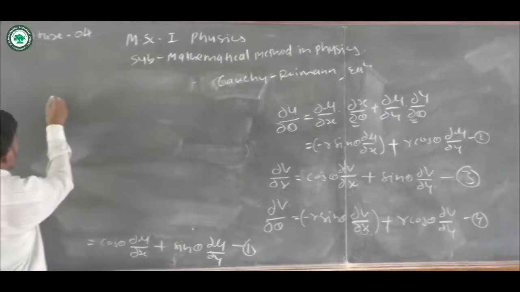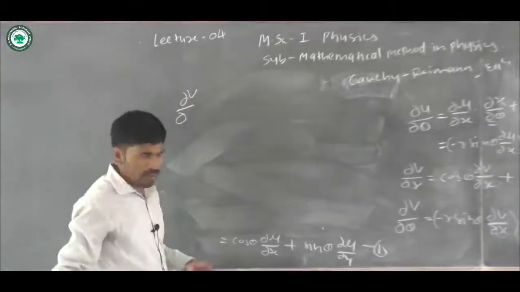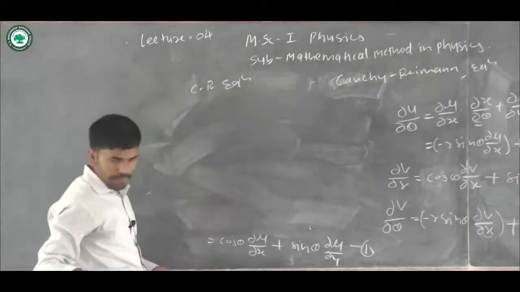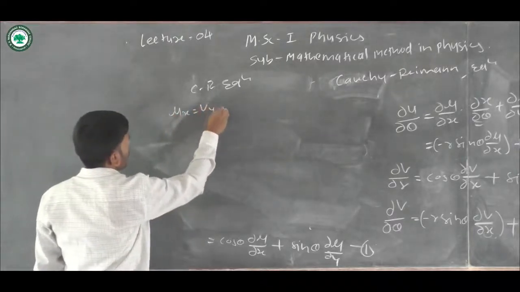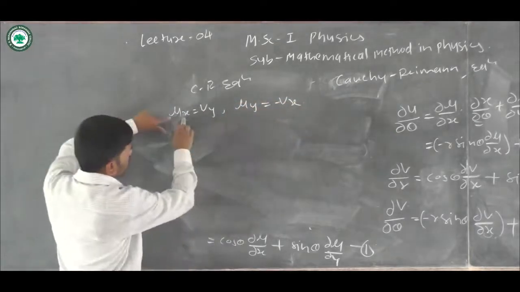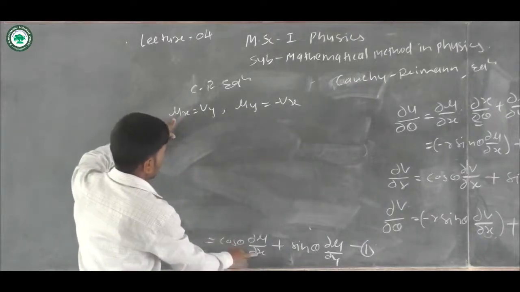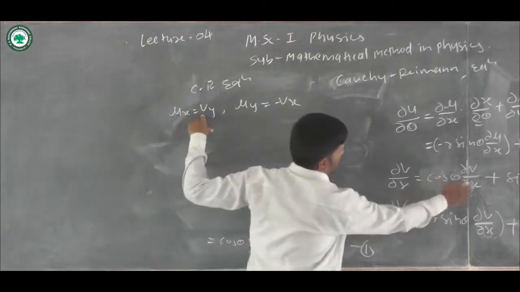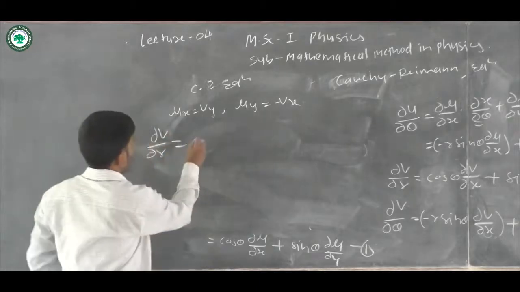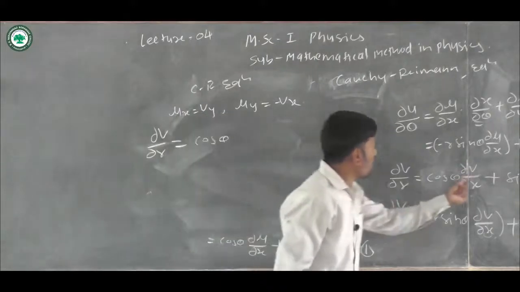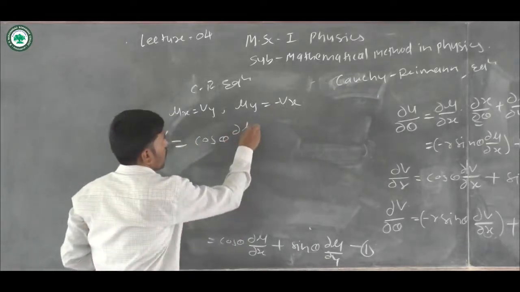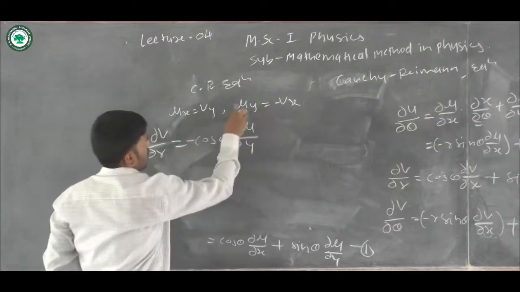So if we consider the CR equations, what are they? ux is equal to vy, and uy is equal to minus vx. So ux is ∂u/∂x and vy is ∂v/∂y. So ∂v/∂r is equal to cos theta, and this ∂v/∂x is equal to vx, which is equal to minus uy. So here ∂u/∂y, and this minus is on this side.